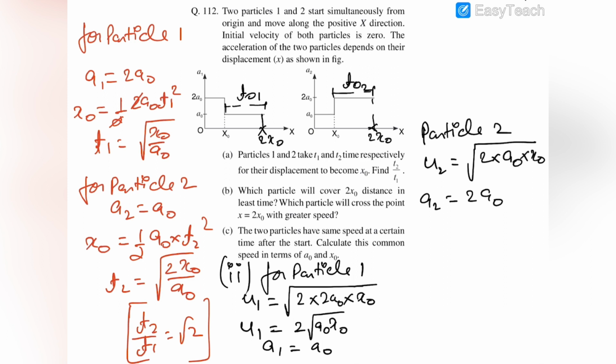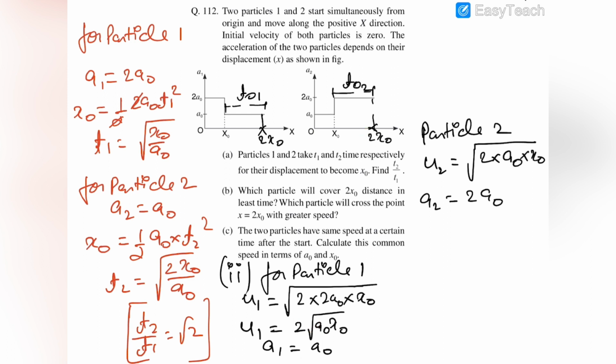So particle 2 is traveling with a greater acceleration but less initial velocity in this region, and particle 1 is traveling with a lesser acceleration but greater initial velocity in this region.